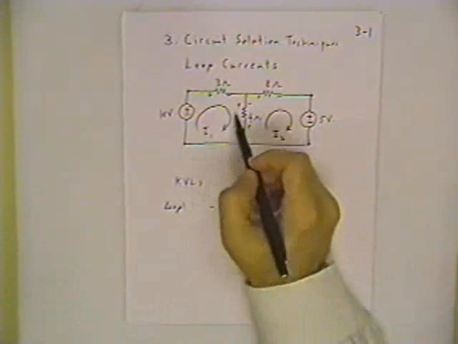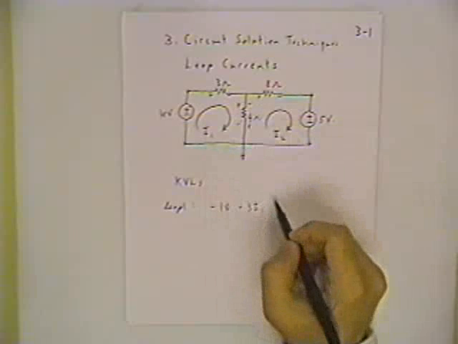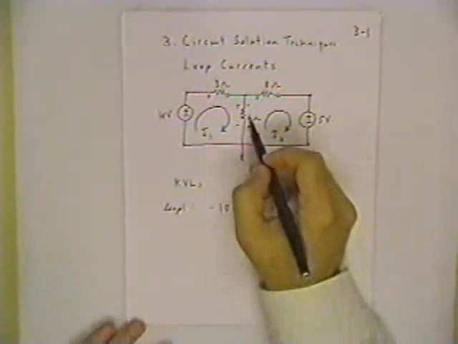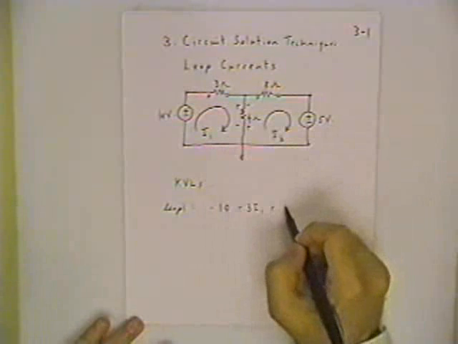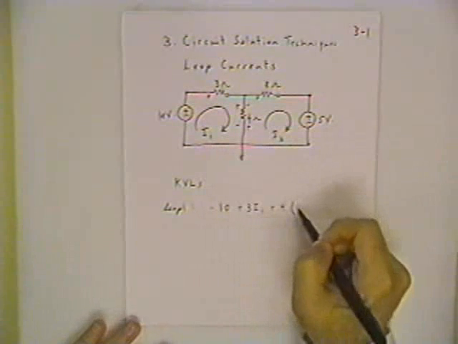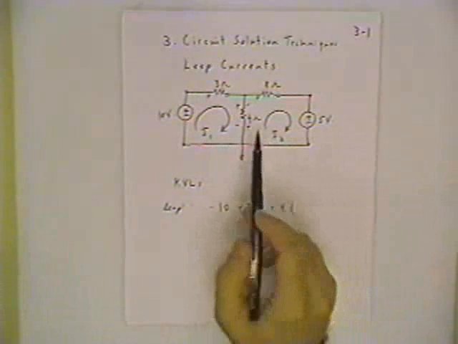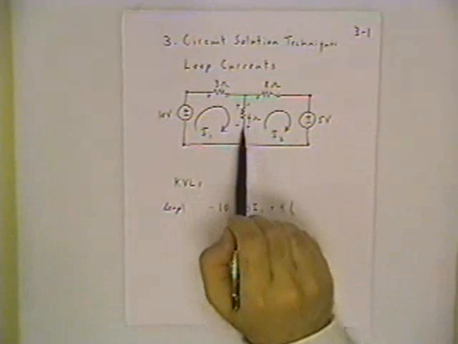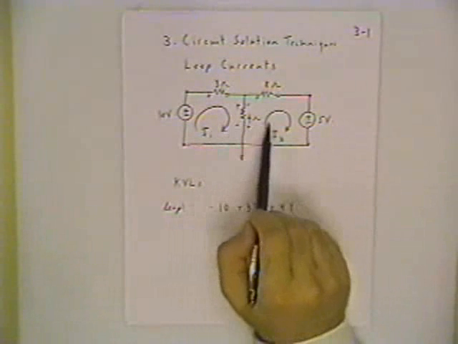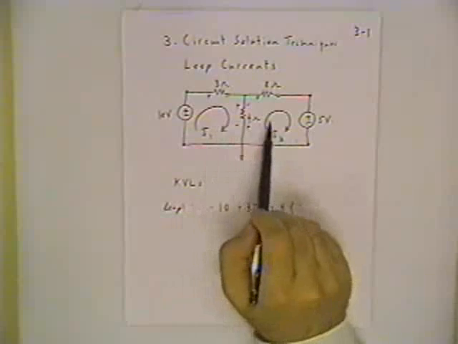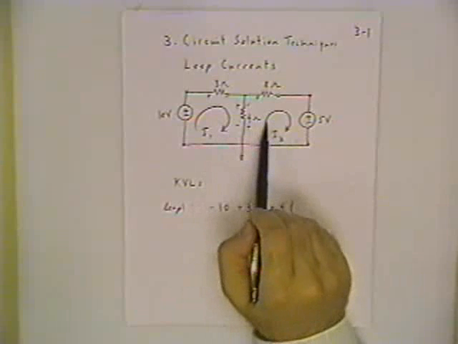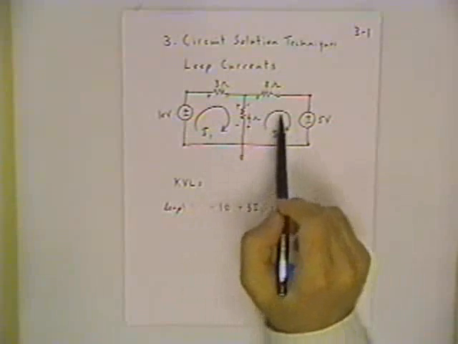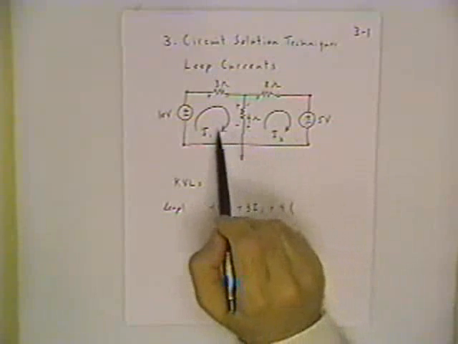And now when I'm within this loop 1, I bump into a positive sign here first. I know it's going to be resistance times the total current. The resistance is 4. And then here is the unique aspect of the loop current technique: for resistors like this one that share 2 loop currents, you're going to have either a difference between 2 loop currents or a sum of 2 loop currents, depending on the way that you have the loop direction set up.